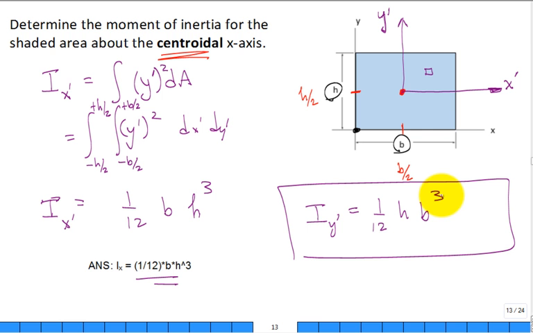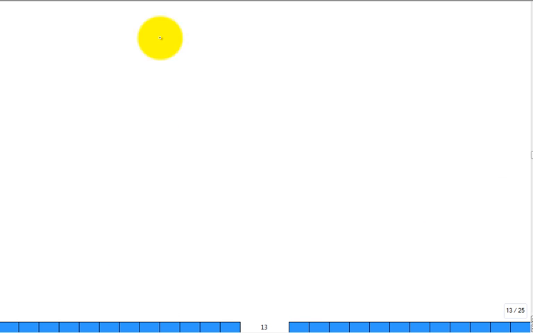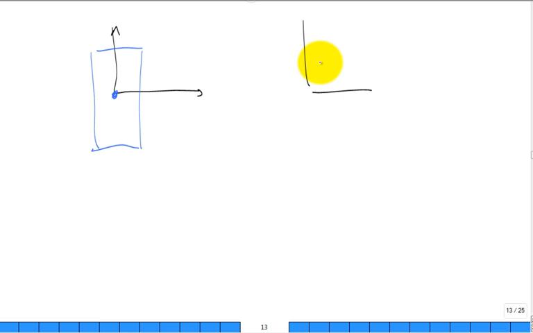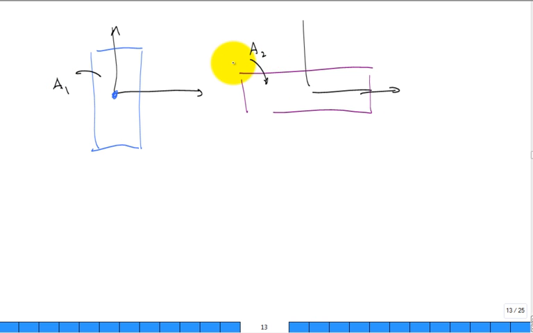Maybe I should ask another question. Here's a new question, insert new page. Here's my xy coordinate system, and I'm going to put at the centroid an area like this, and then the same coordinate system with the same area too. So this is area 1, and this is area 2, and they have the same magnitude. It's just one is rotated, isn't it?